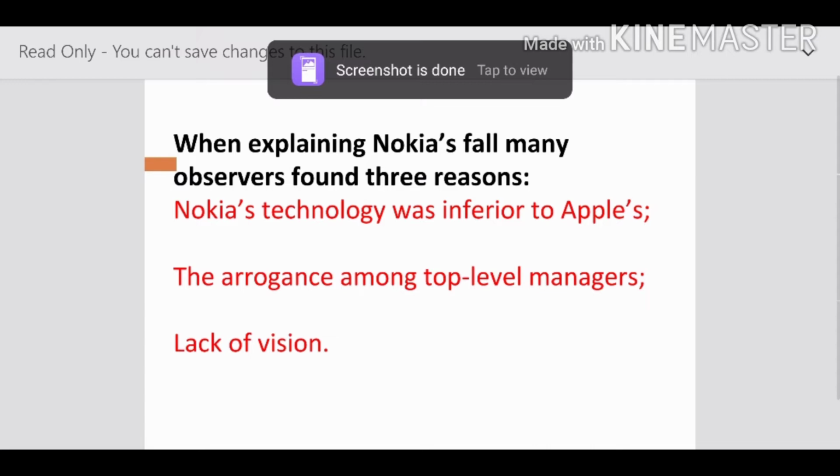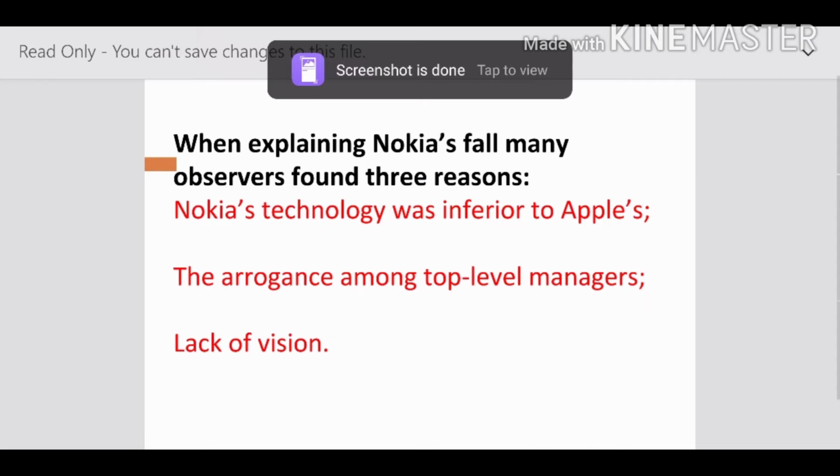People are saying that the technology was inferior since they were using Symbian technology, which was outmoded. Secondly, it was not upgradable, because people were moving from 2G to 3G, 3G to 4G. And the manager's attitude was not up to the mark. People's vision should normally be focused, okay.